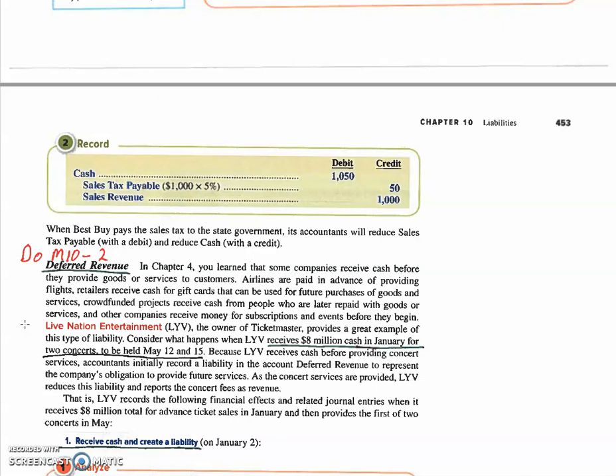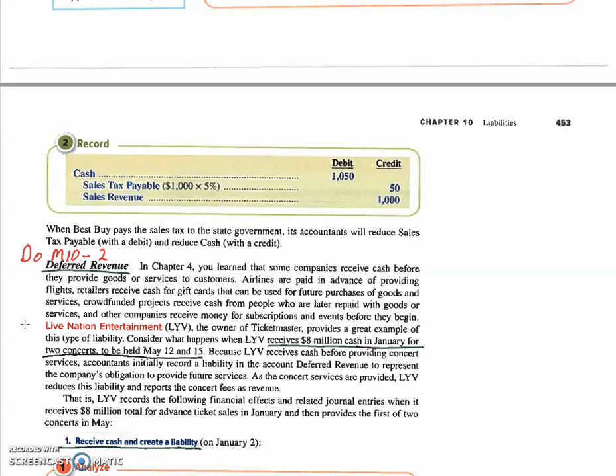Anyway, let's say they sell you a season ticket for $2,000. Well, they haven't played any games yet. So what do they do? They debit cash for $2,000, credit deferred revenue because they have an obligation to you to provide you with games in the future. So that's part of the definition of a liability, right?